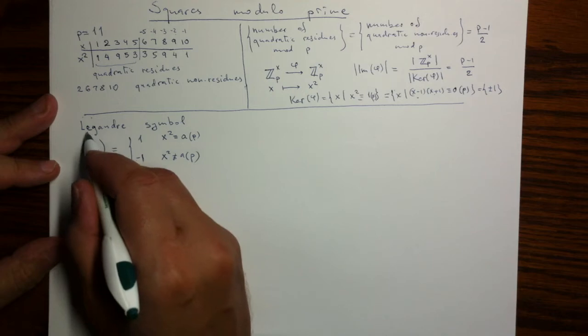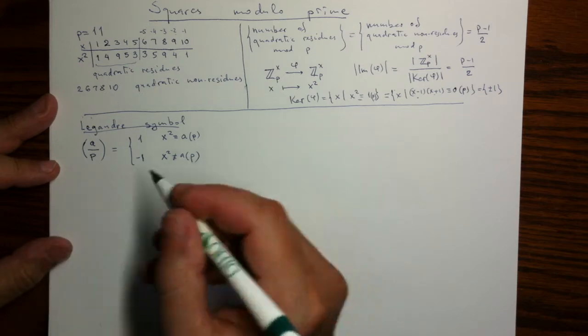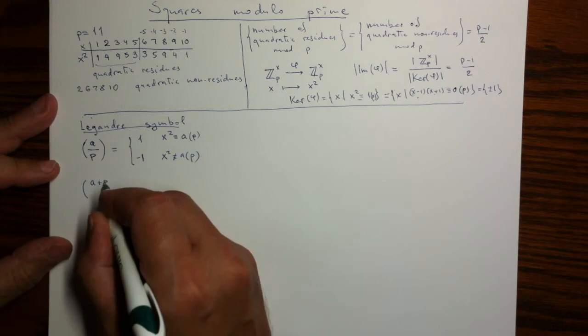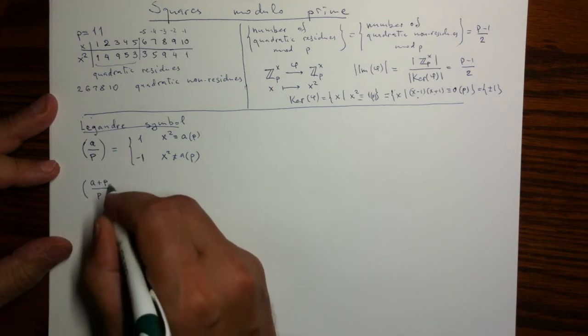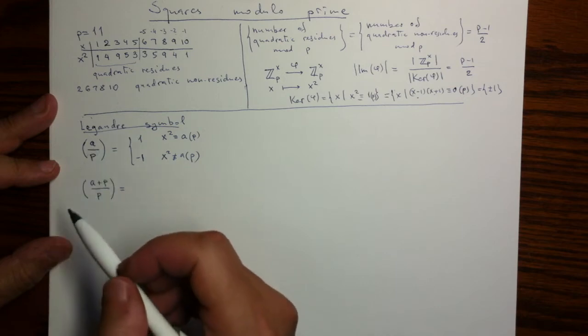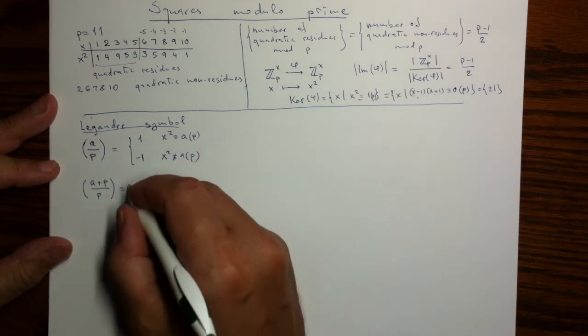One reason for introducing this function is that certain relations between these answers become neat identities. So let's look at the first, which is really saying that we care only about the residue of a modulo p, the remainder of a modulo p.